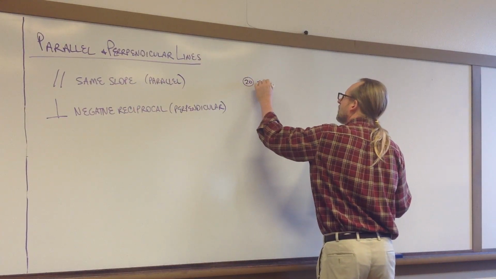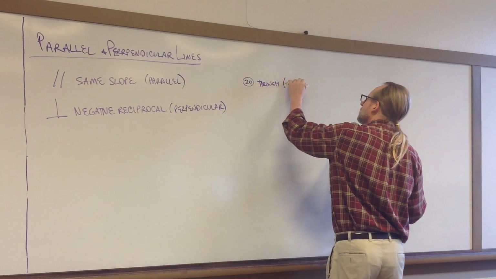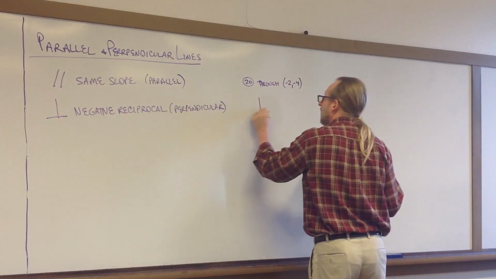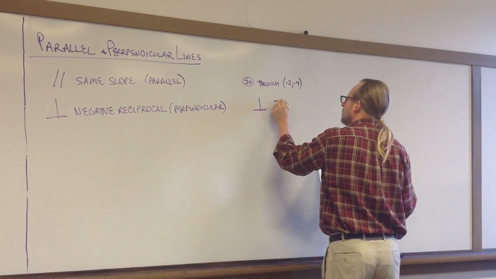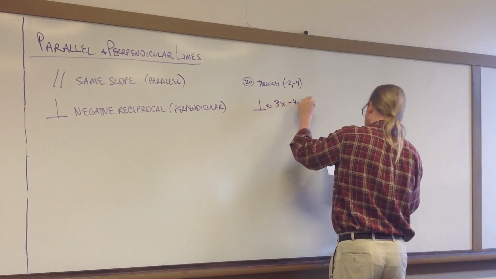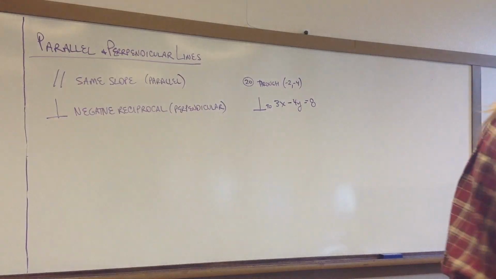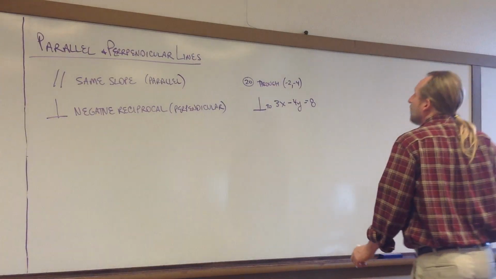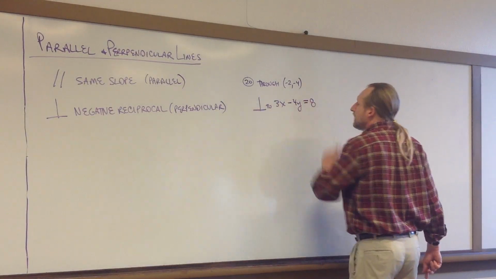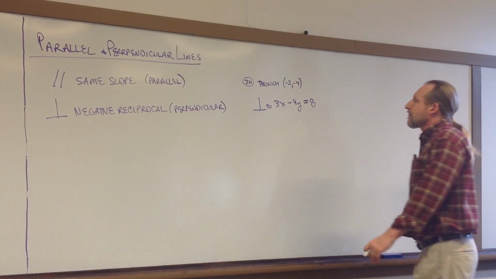So this one is passing through (-2, -4), and perpendicular to 3x - 4y = 8. Okay, so we need to get this in slope-intercept form so that we can know what the slope is.